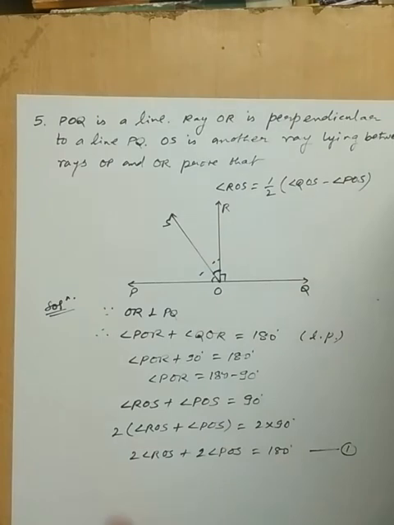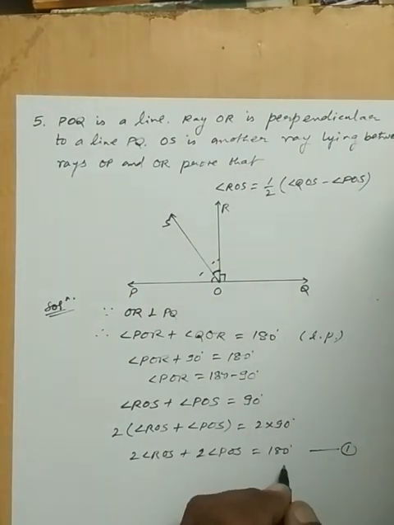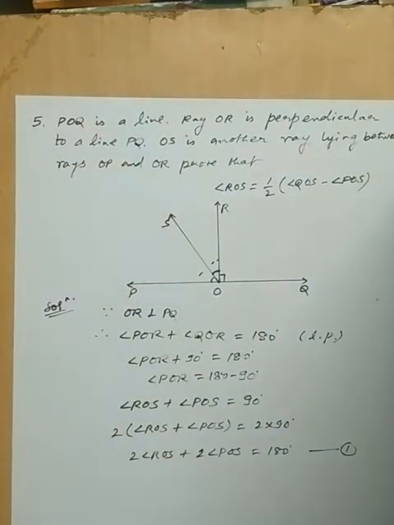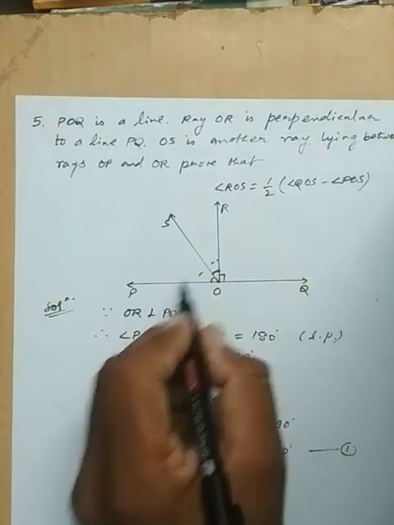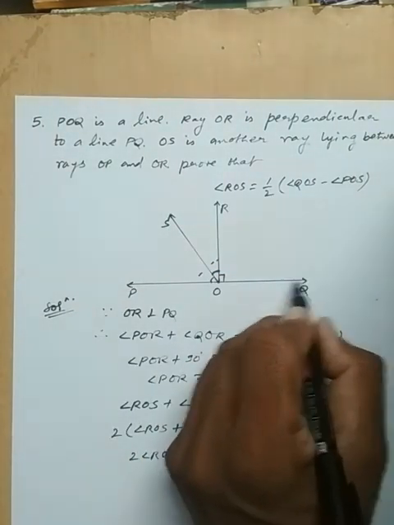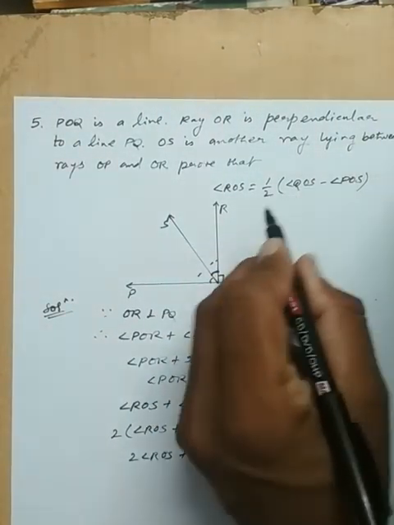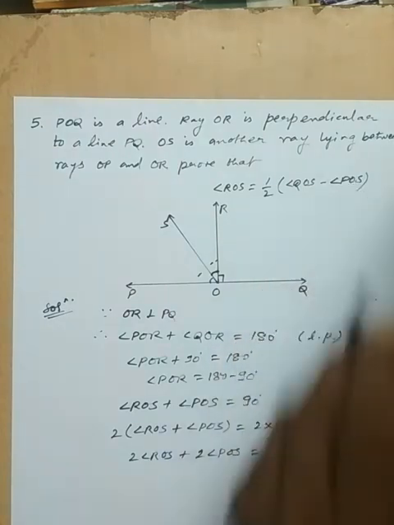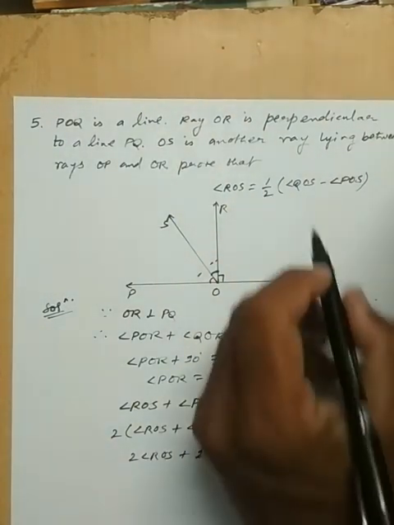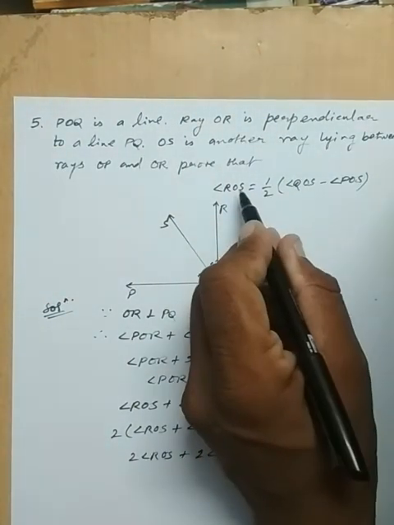We multiply by 2 on both sides because 90 degrees can be converted into 180 degrees, because our second relation involves 180 degrees between POS and QOS, and ROS and POS are related in this equation. Next, find the relation between QOS and ROS.